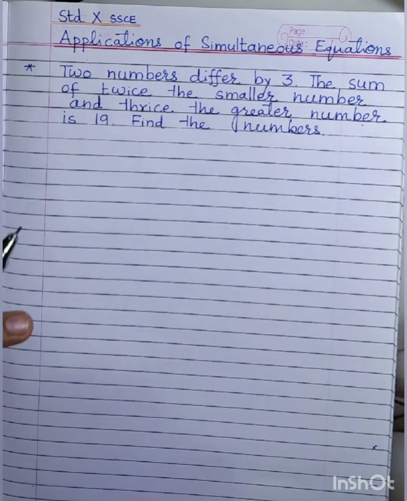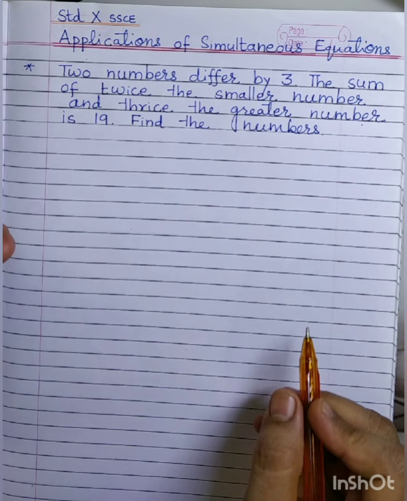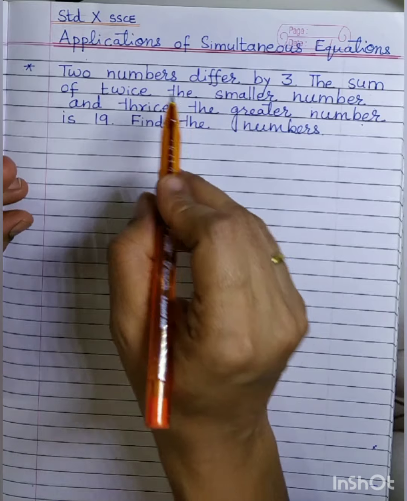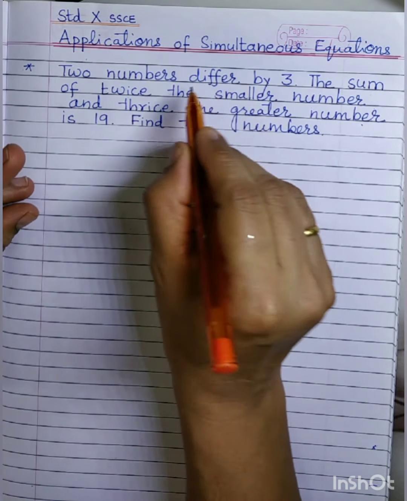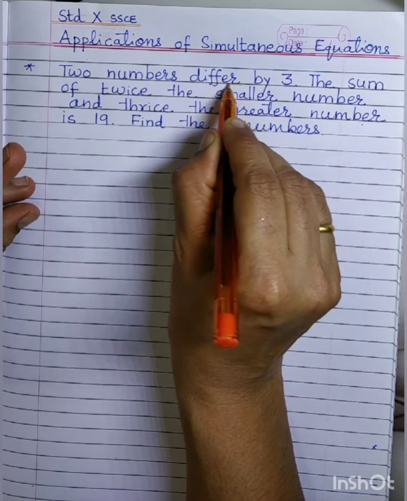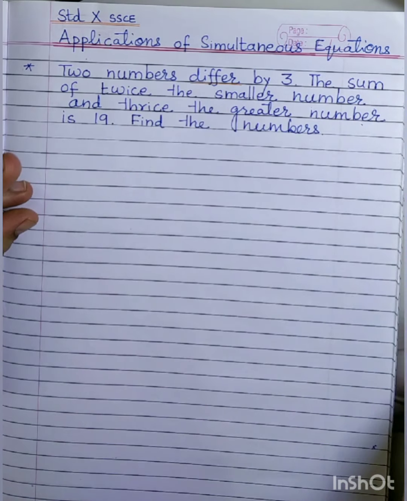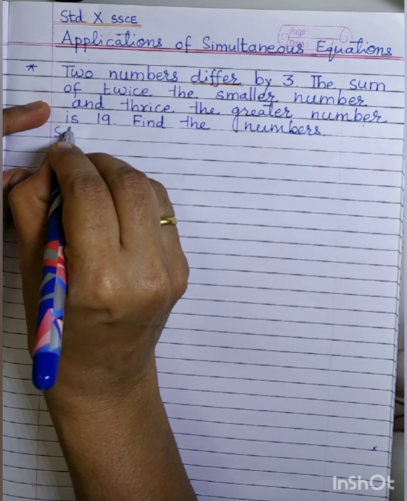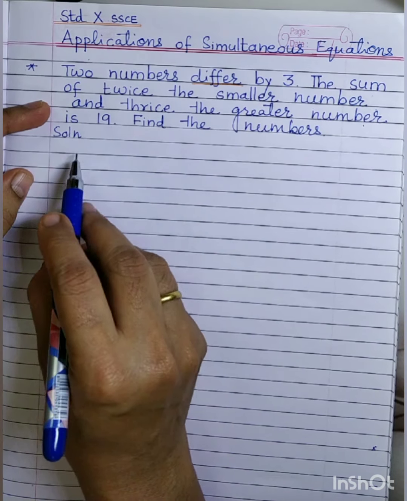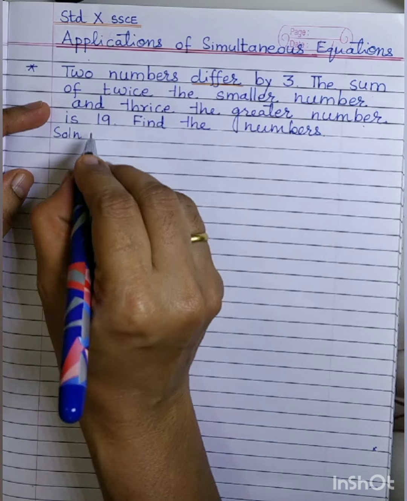As simple. I am sure many of you must have thought about the equations as well. So here the first thing I need to understand is, as their difference is given, it is very important that when I assume the number, I must say which number is smaller and which number is greater.